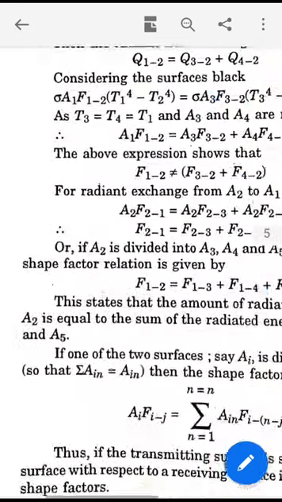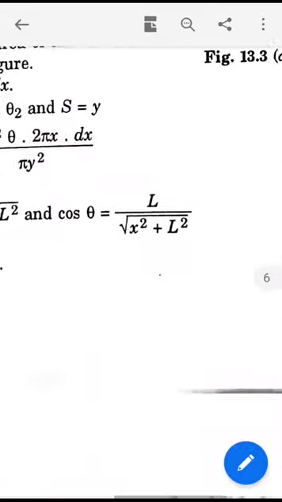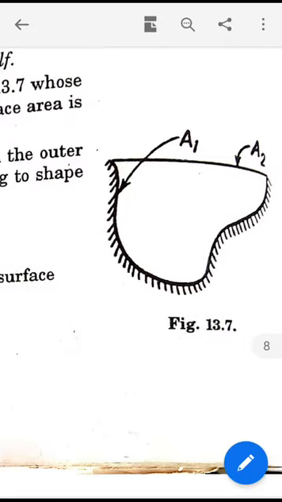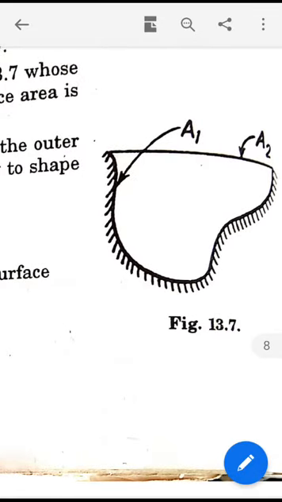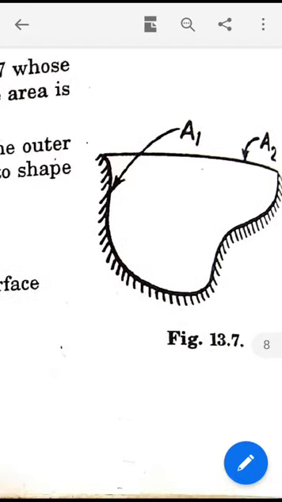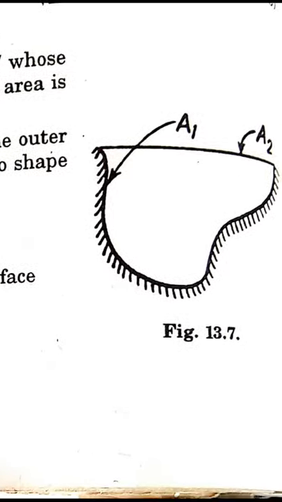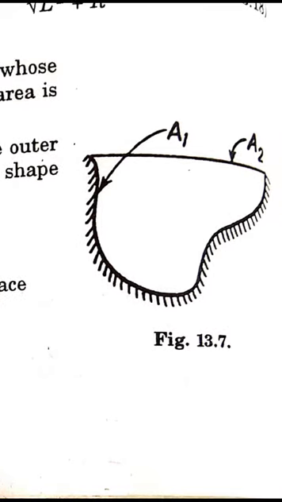See here, I'll show you one figure. This is a cavity. One is an irregular cavity enclosed by 2. One has got a shape factor with respect to itself, because energy emitted by one is intercepted by itself.